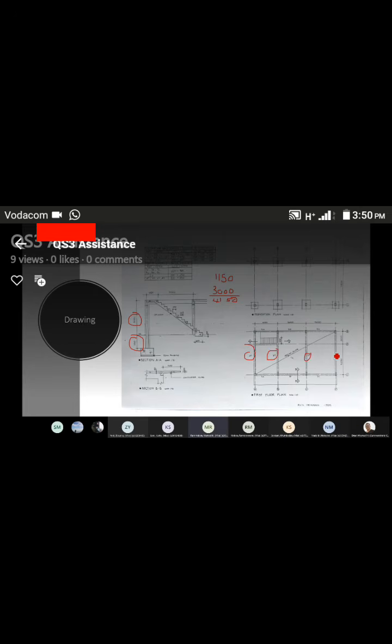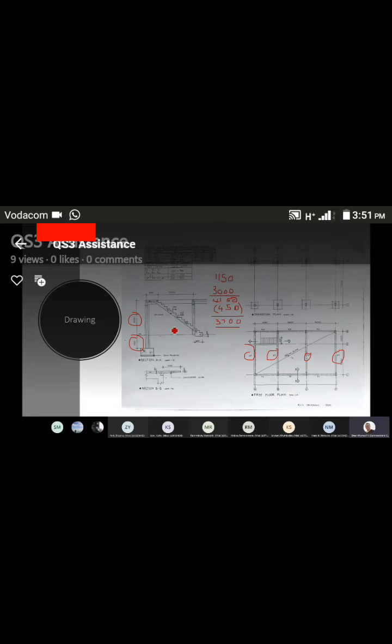The 450. So what does that mean? It means that I have to deduct 450, and that then gives me the result. Okay, all happy with that. So that is the height of my column.